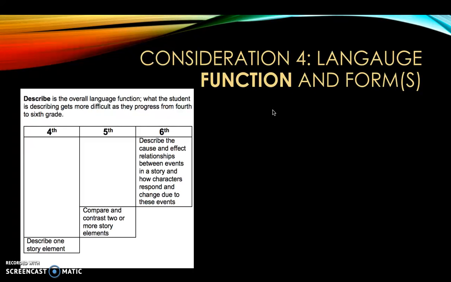But comparing and contrasting is much more complex. Then in 6th grade, the main function moves to cause and effect between events in the story and how characters respond. Noticing these key language functions helps us to provide language supports that are more specific and targeted to what students need to know and be able to do.